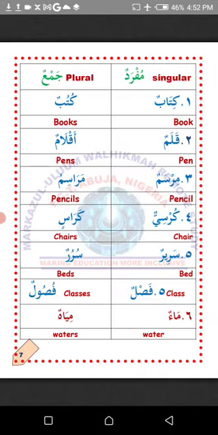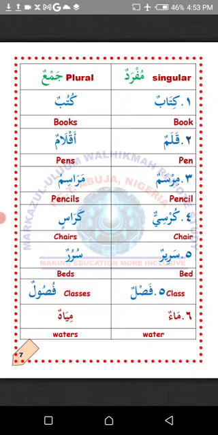Mufrad, singular, jam', plural. Number one, kitab, book. Kutub, books. Number two, qalam, pen. Aqlam, pens. Number three, mirsam, pencil.